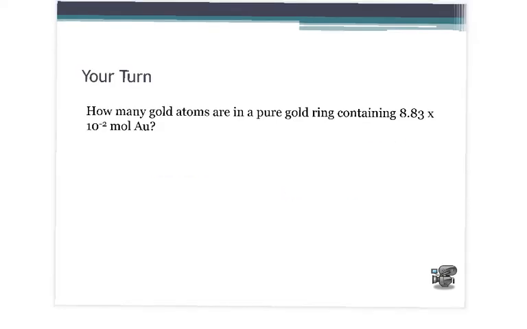Okay, go ahead and give this a try. How many gold atoms are in a pure gold ring containing 8.83 times 10 to the negative 2 moles of gold? So we always want to start with what we are given. And since moles is on the top, moles is going to go on the bottom. And we want to know how many gold atoms, so atoms on the top.